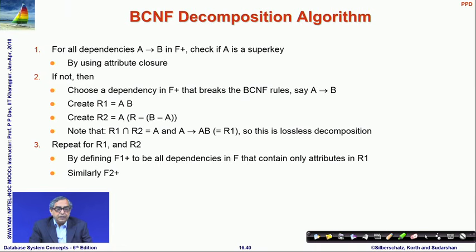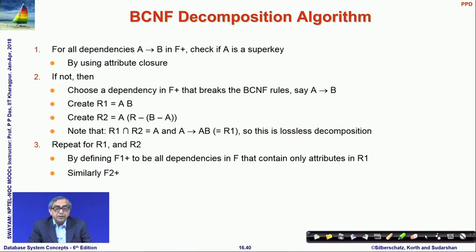In every step it decomposes one relation into 2 separate relations. One you get by taking the union of the attributes of A and B, and the other you get by taking out B minus A, these difference attributes, from R, and then adding A, to make the other relation.